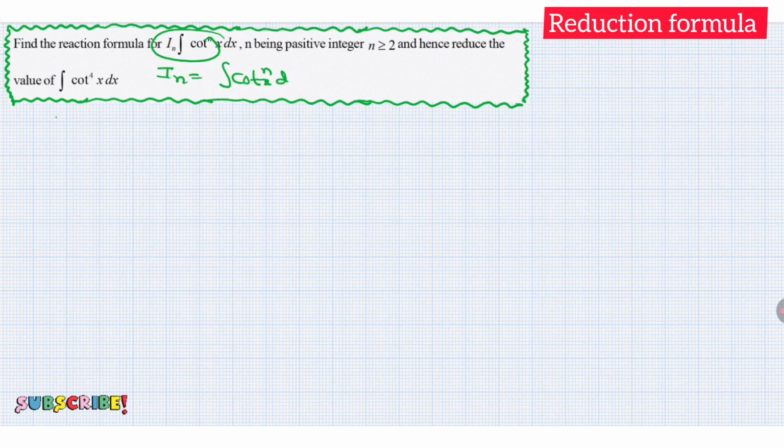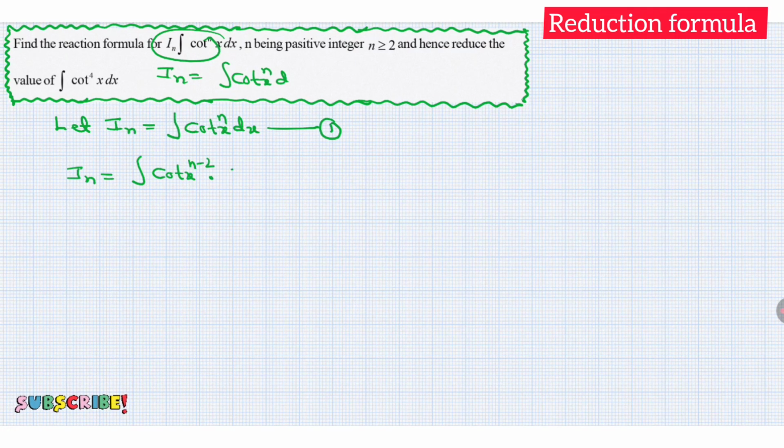First here let I n equal to integration cot x power n dx. Let this be equation number 1. I n equal to integration cot x power n minus 2 into cot square x dx.